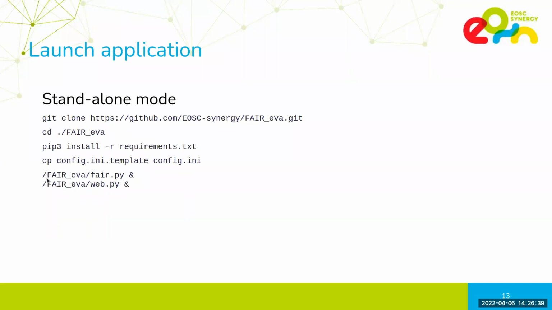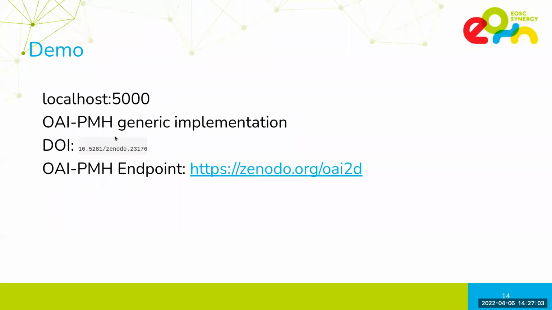Okay, and then, as I said, since this is a modular system, you can run the API on one hand, that is the fair.py, and the web interface on the other part. But if you want, for example, just the API, you just need to run the fair.py. Okay, so let's check this.